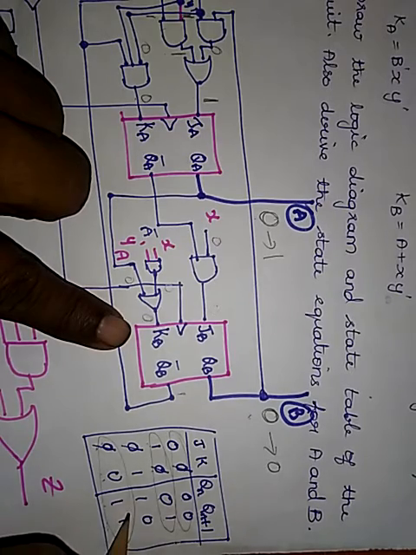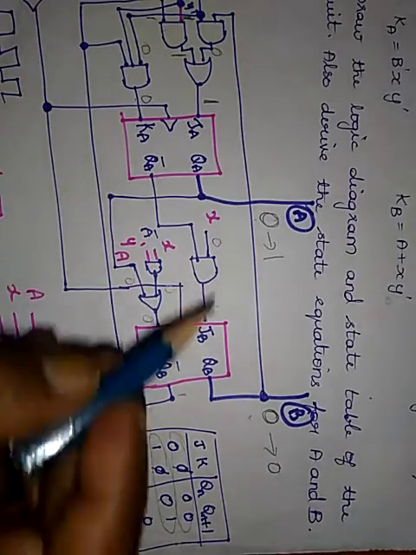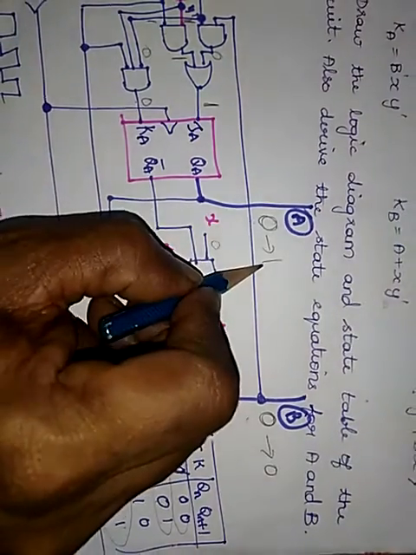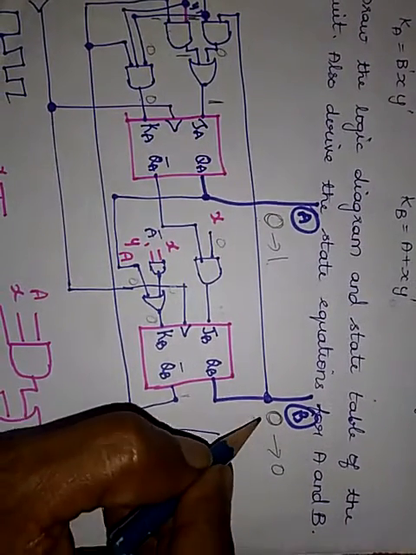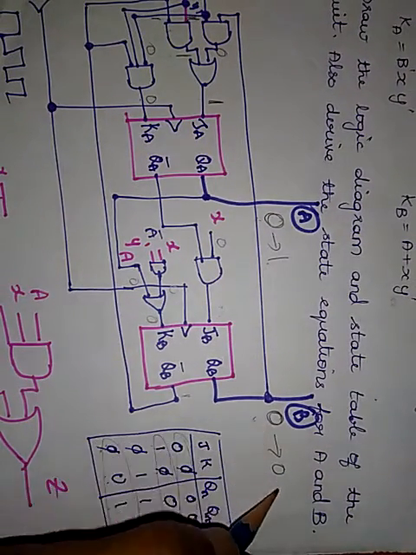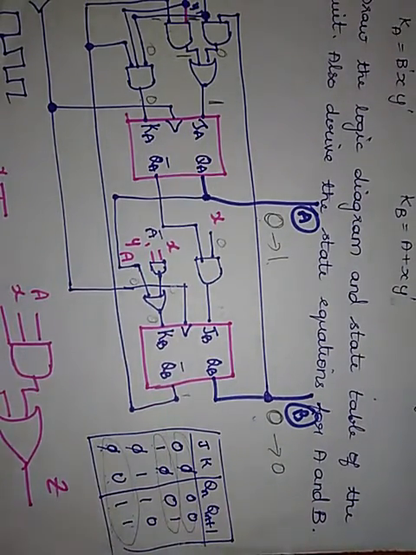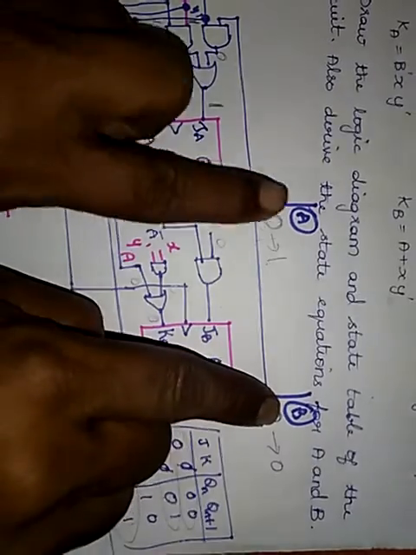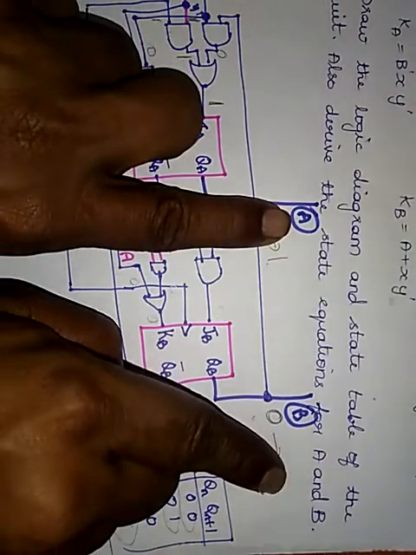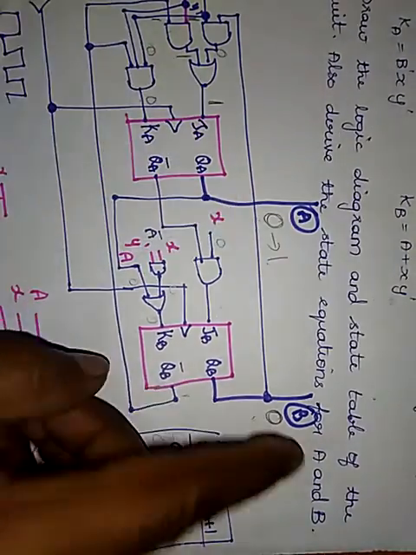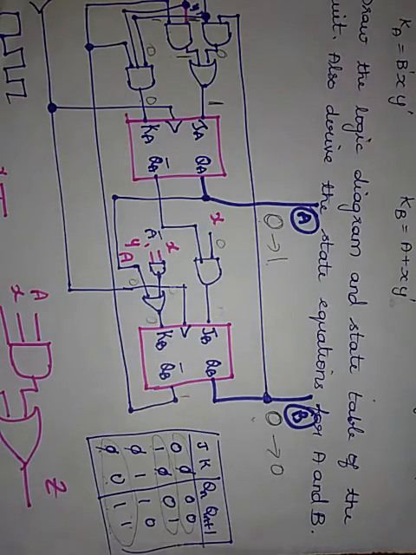This is important. So now 0 is changed to 1, and this 0 is changed to 0. Now this is the condition. Now what you do is, with an eraser, you can erase these two values. Now this will be the present state, 1, 0.